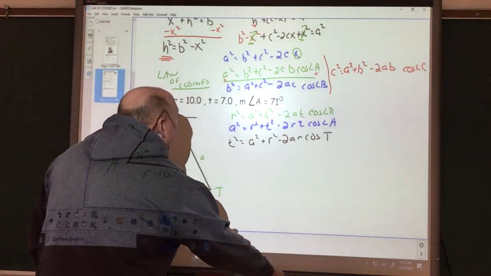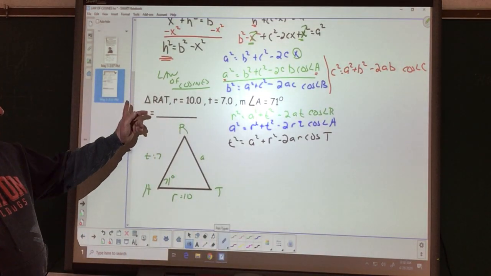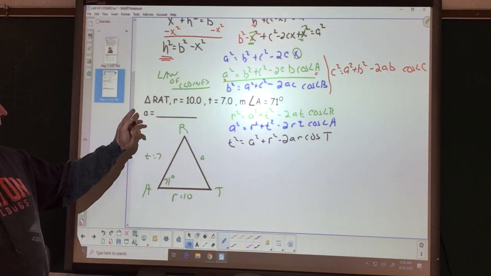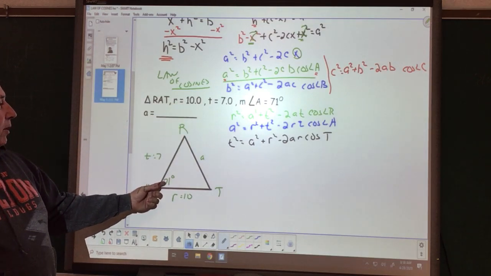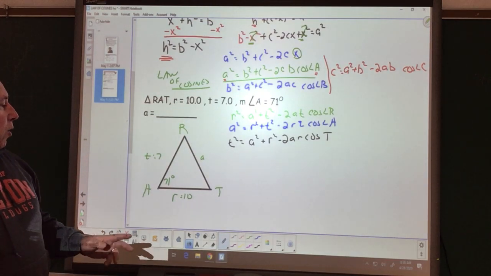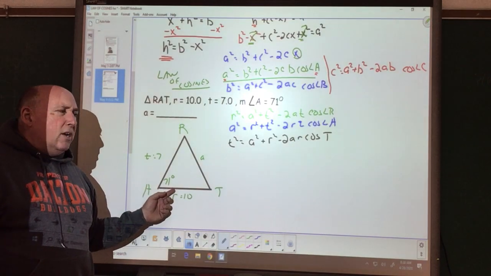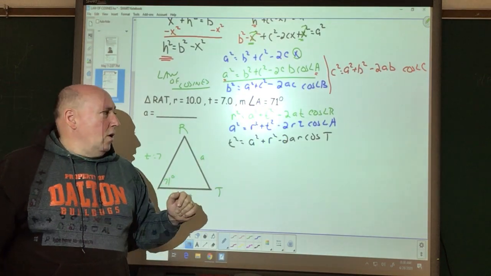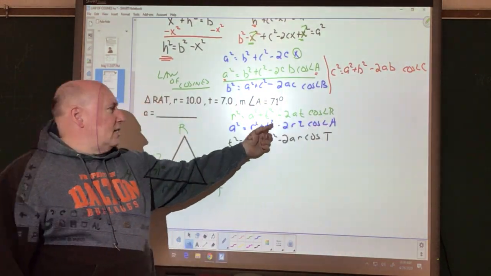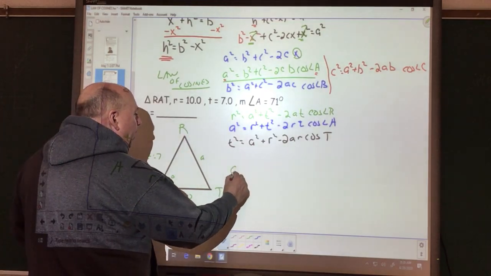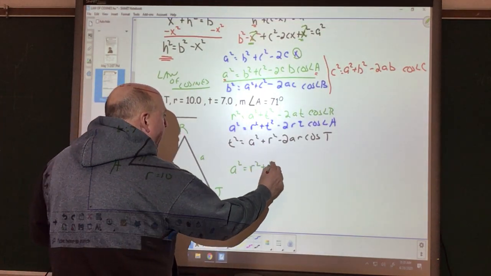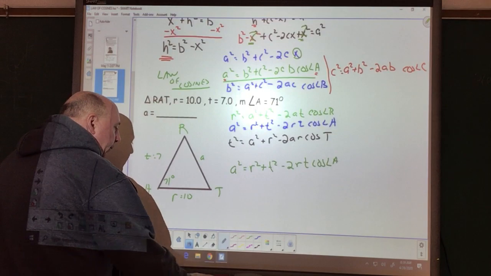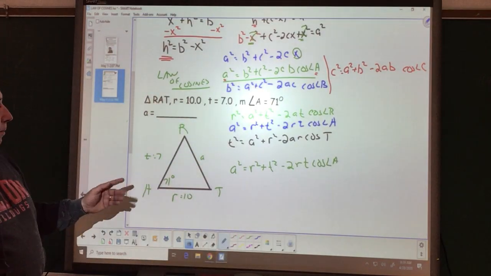Well, in this problem, what we're being asked to do here is we're given t is 7, r is 10, and measure of angle A is 71 degrees. I want to find little a. Well, if this is the only angle I know, I need to pick my law of cosines equation that involves angle A. Well, my law of cosines equation that involves A is the second one. So we have a squared equals r squared plus t squared minus 2rt cosine of angle A. Now let's start substituting in.